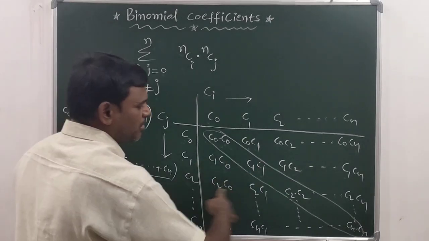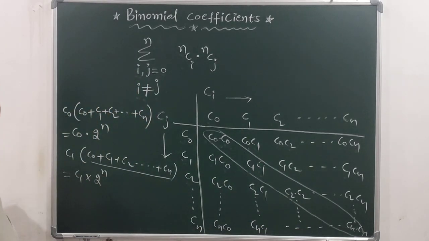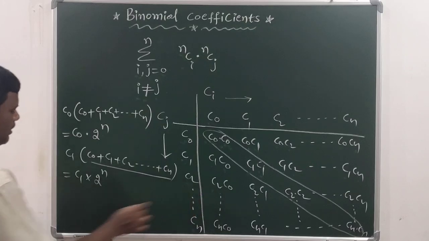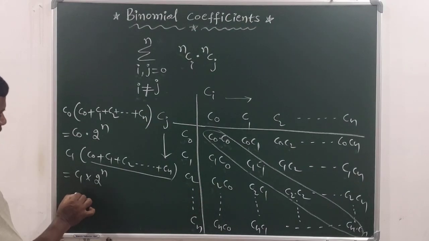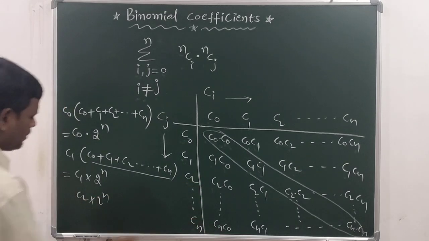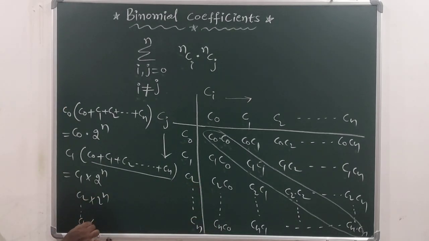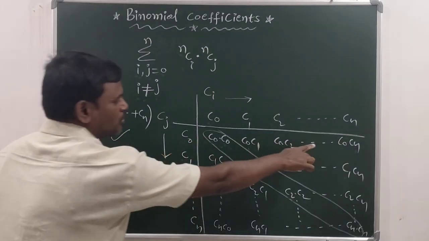Like this, get the sum of all these possibilities. So here, what do you get? In the third one, C2 into 2 power n. And so on. For the last one, Cn into 2 power n you will get.